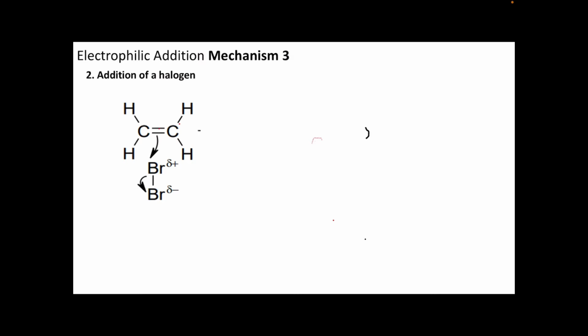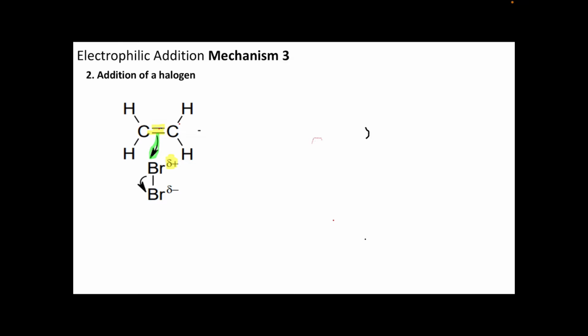So we say that there's been an induced dipole in the bromine molecule. And because of that, we now have an electrophilic part of the bromine molecule, which will be attracted to the electron-rich carbon-to-carbon double bond. In this case, the electrophile is the end of the bromine molecule that is slightly positive.